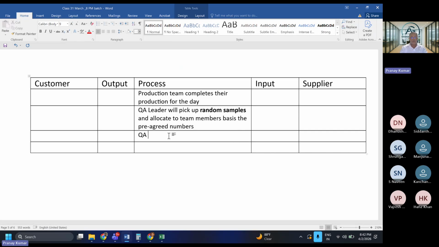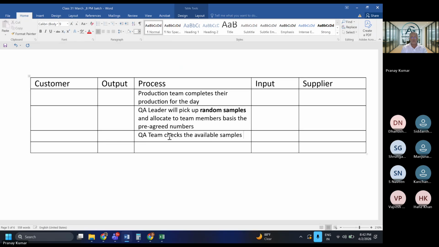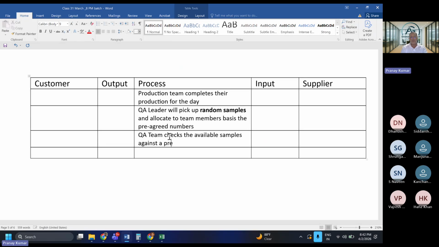So QA team checks the available sample against a pre-agreed checklist.